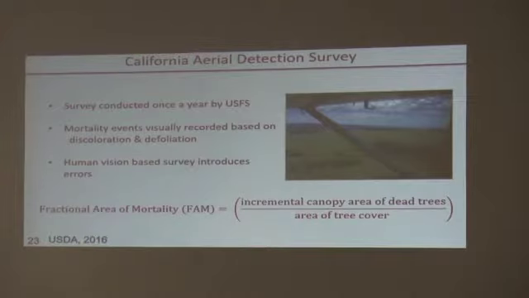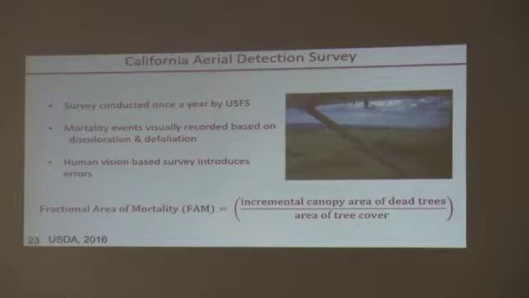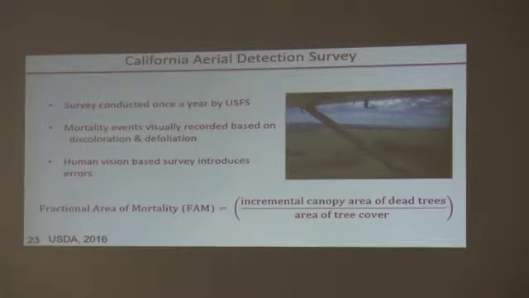For those of you not familiar with that data set, really what's happening is that every year some trained observers from the Forest Service go out and sit in a plane, and that plane painstakingly flies over the entire mountain range, and somebody looks and says, hey, that stand of trees over there looks completely defoliated or discolored, and, using their specific knowledge of that ecosystem, marks that as dead.